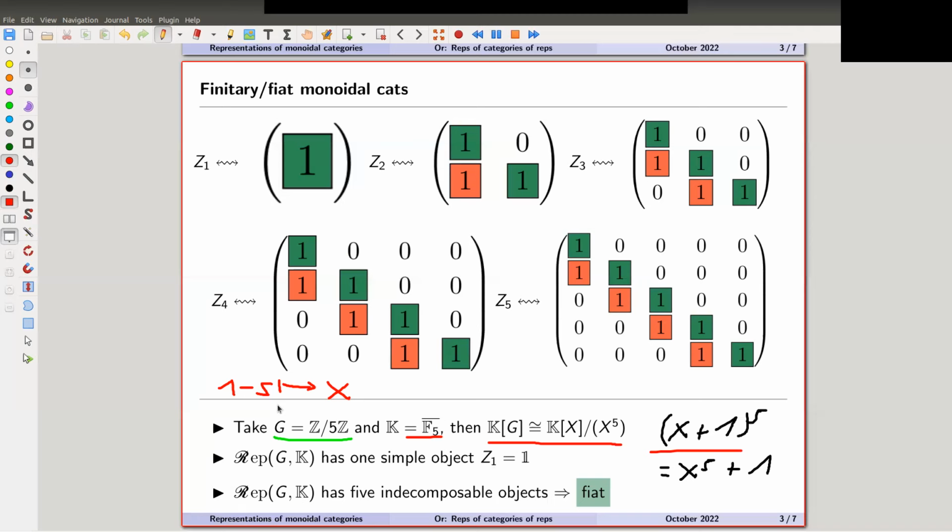The indecomposables essentially correspond to Jordan blocks, and the simples correspond to roots of unity in some sense. In any case, I have 5 of them, and it's some Jordan block combinatorics to show that you don't have any others. It's a really easy calculation, not very hard. So this is actually an example of a fiat category: Z mod 5 over characteristic 5.